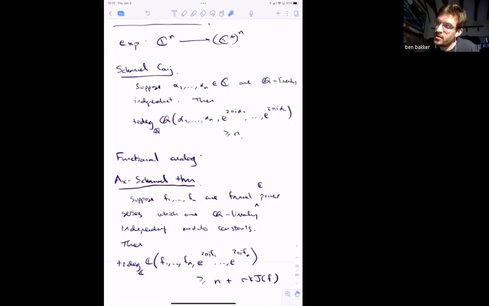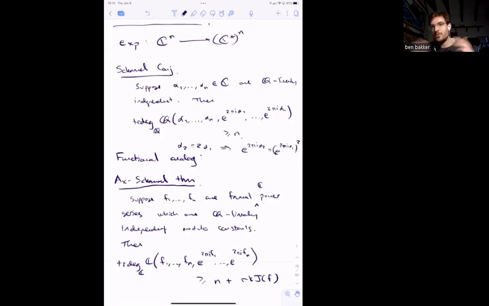And the reason this Q linearly independent condition is there is because there's one obvious algebraic relation that mixes the alphas and their exponentials. That is if, for instance, alpha 2 is 2 times alpha 1, then the corresponding exponential will be the square of the other, right? So if alpha 2 is 2 times alpha 1, then e to the 2 pi i alpha 2 is equal to e to the 2 pi i alpha 1, squared.